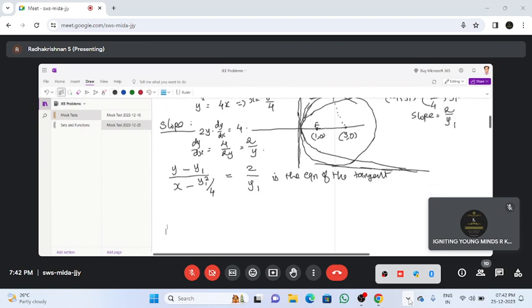Let us simplify it a little and write it like a proper equation of a straight line. Cross multiplying, we get y1 minus y1 square equal to 2x minus y1 square divided by 2. So we multiply this by 2.